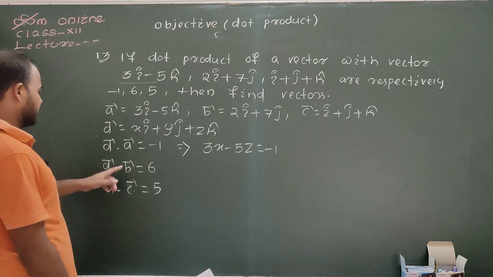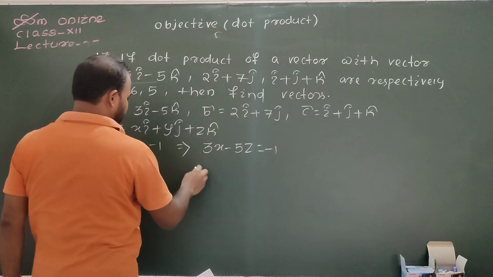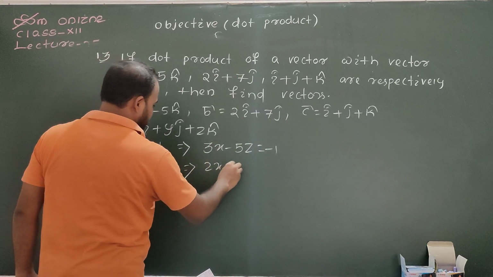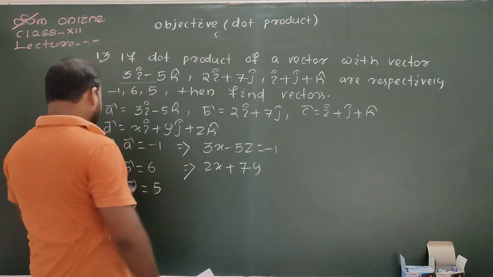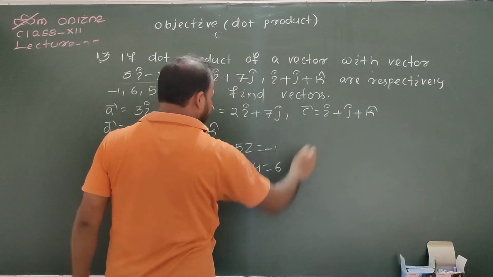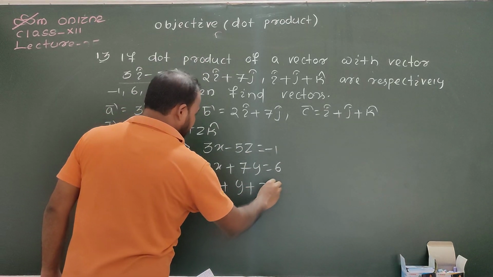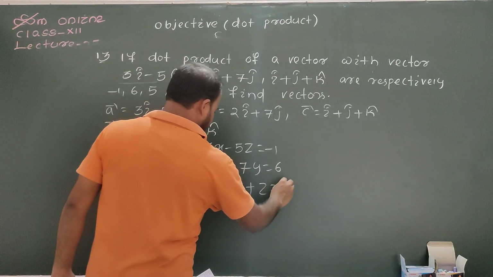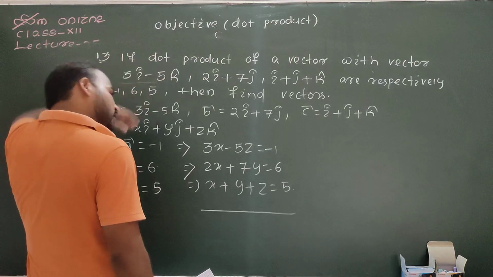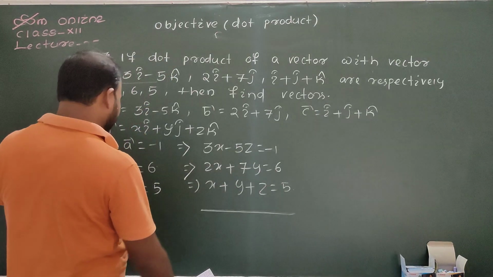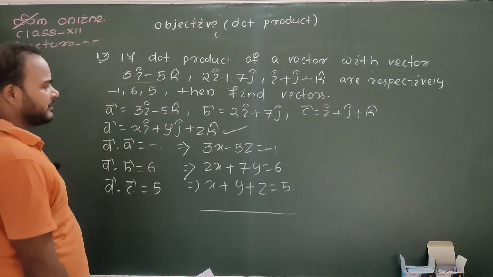Vector D dot vector B, that is 2x plus 7y equal to 6. And the last one, that is x plus y plus z equal to 5. We need to solve these three equations to find out the value of x, y and z, and putting this value of x, y, z in this equation, we get our required vectors.